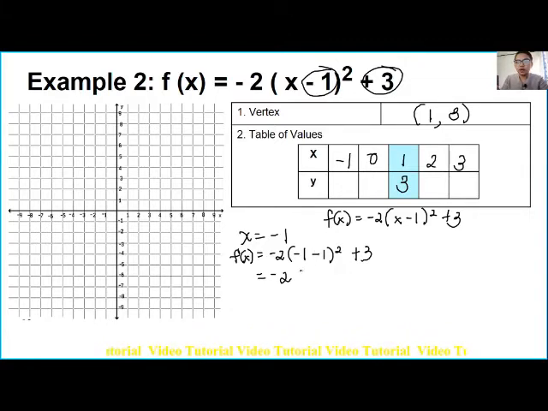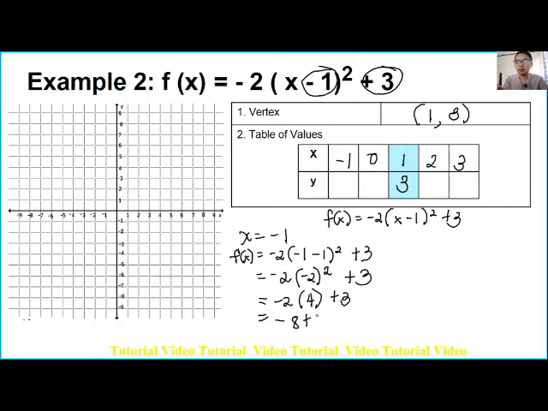Negative 1 minus 1 is negative 2, quantity squared plus 3. Negative 2 squared is positive 4, and then copy plus 3. Negative 2 times 4 is negative 8 plus 3, we will have negative 5. So we write negative 5 if the value of x equals negative 1.